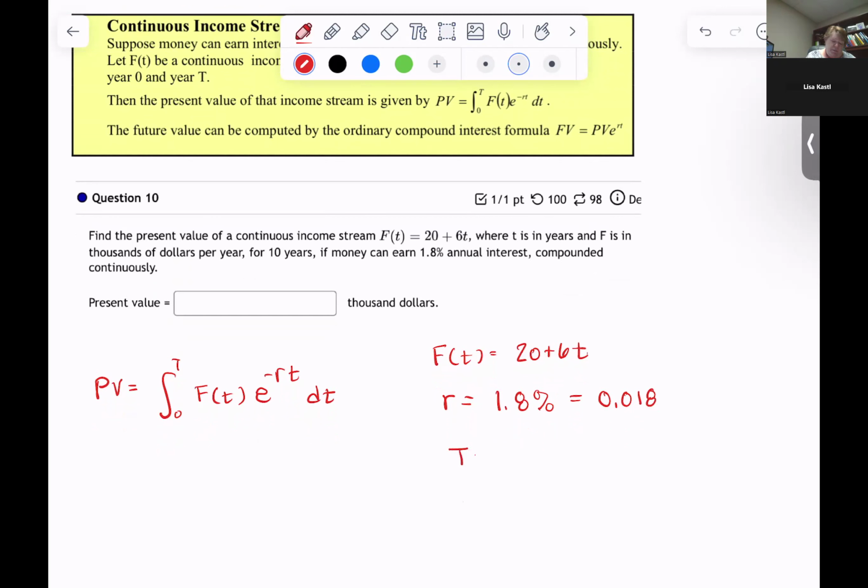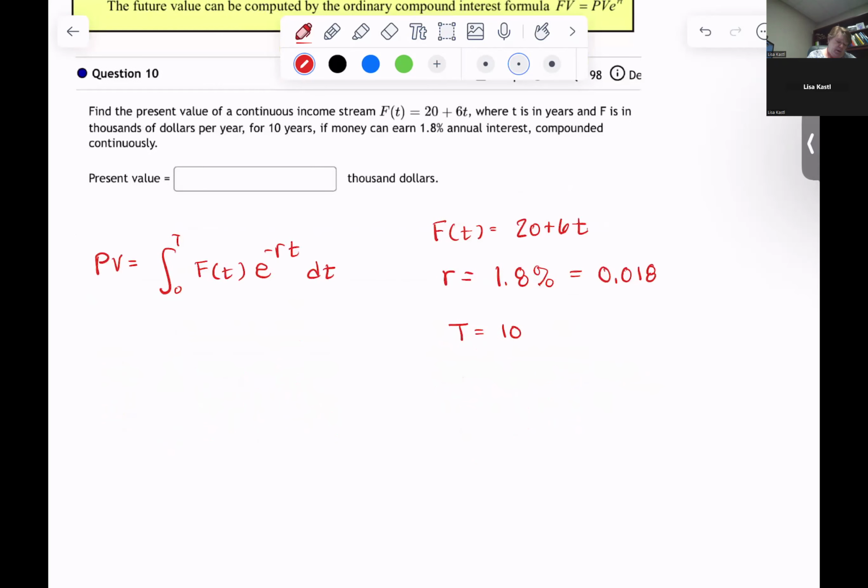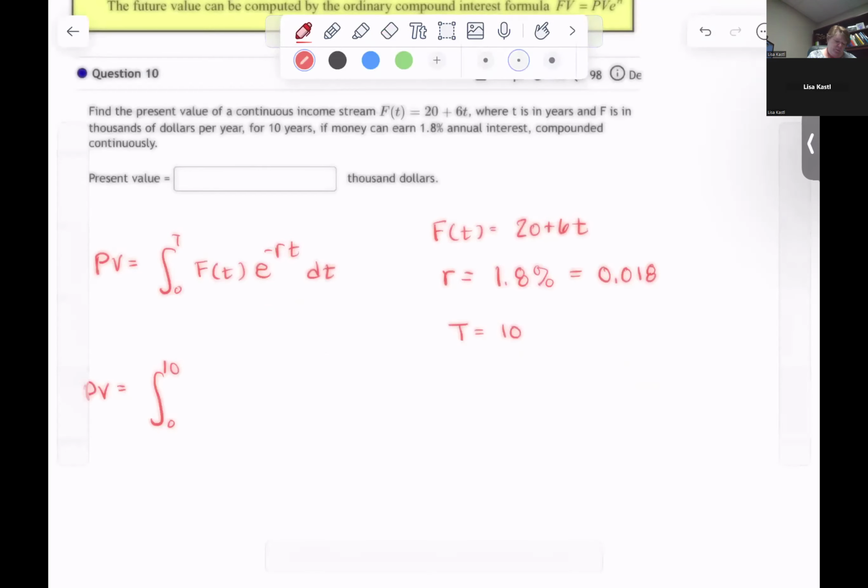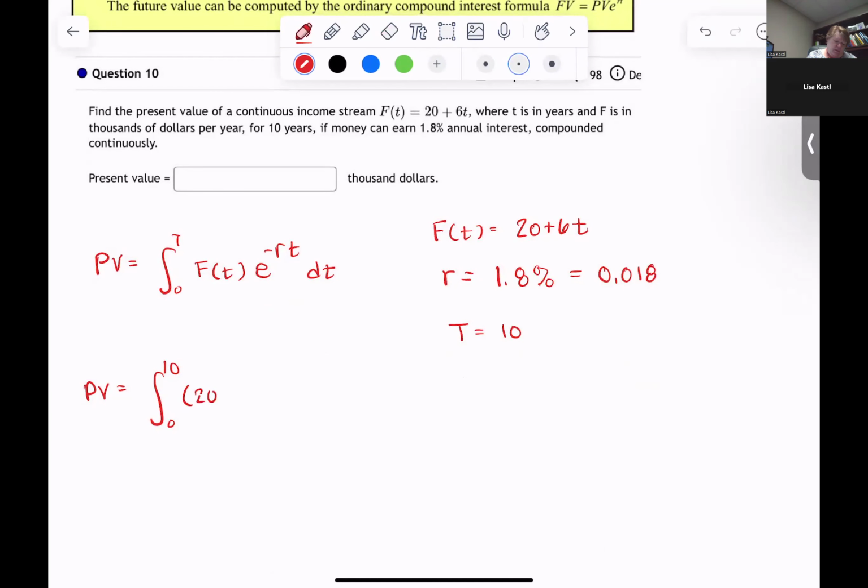So T is 10. So we are going to integrate from 0 to 10, f of t, which is 20 plus 6t times e to the minus 0.018t dt. And I'm going to have to integrate this by parts.